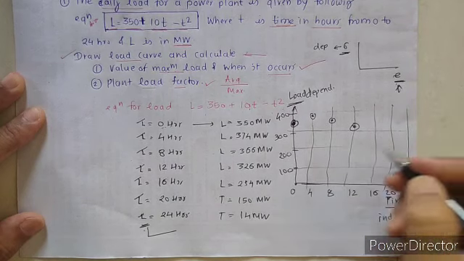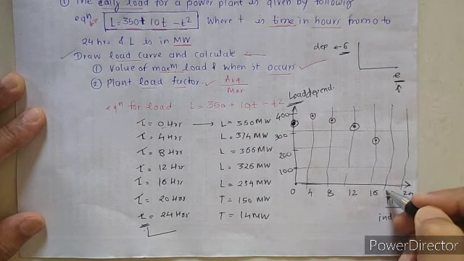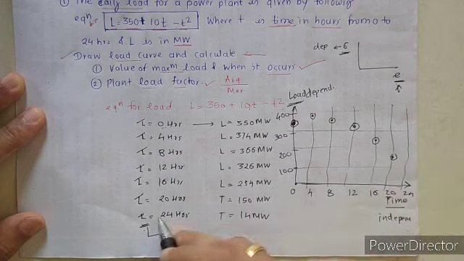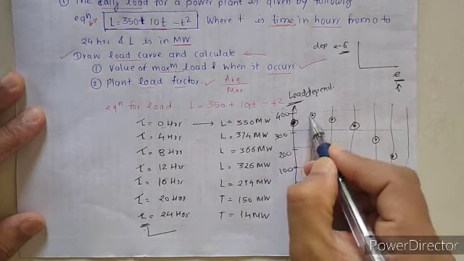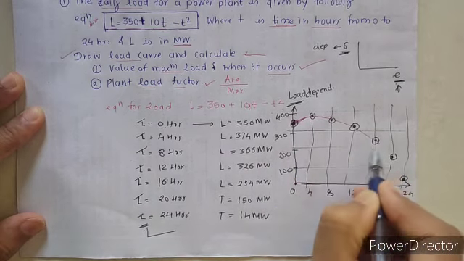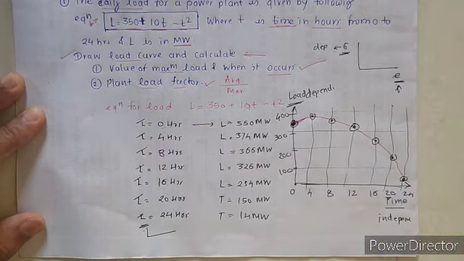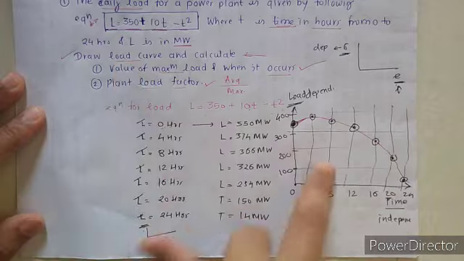At 16 hours it is 254. At 20 hours it is 150 megawatt, and at 24 hours it is 14 megawatt. So draw the curve. The curve will be like this. So this is the load curve.